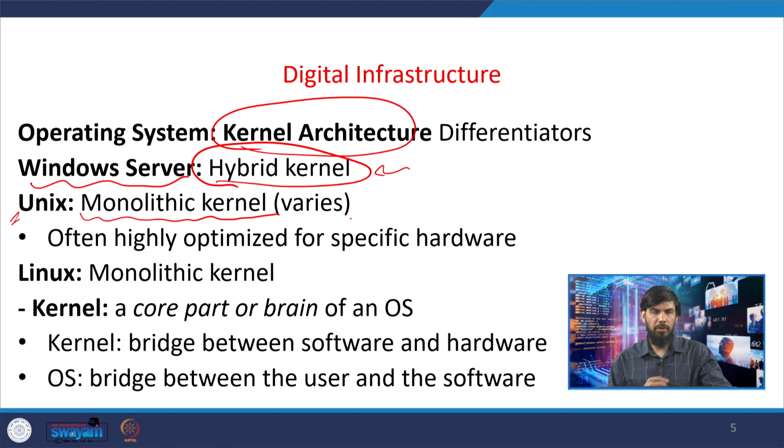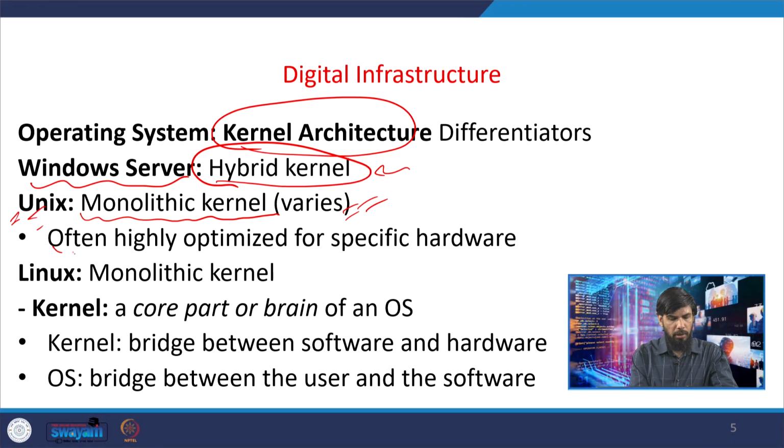But obviously, as we talked about, there are different server vendors, server companies, IBM, HP, Sun, Oracle and others, right. So there are slight variations in the Unix flavors that are being sold, whether it is IBM AIX or HP UX or Solaris. So the kernel is monolithic, but the variations are there because of the changes in the company, the server and the operating system.